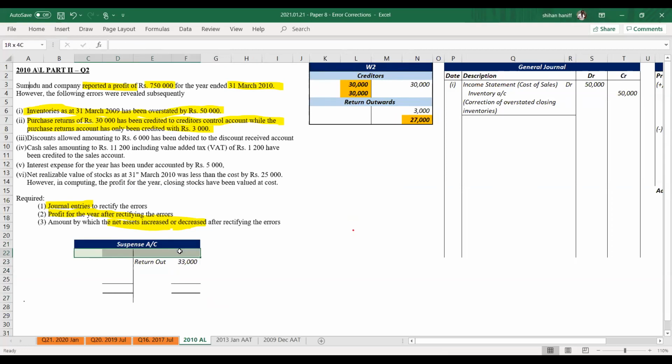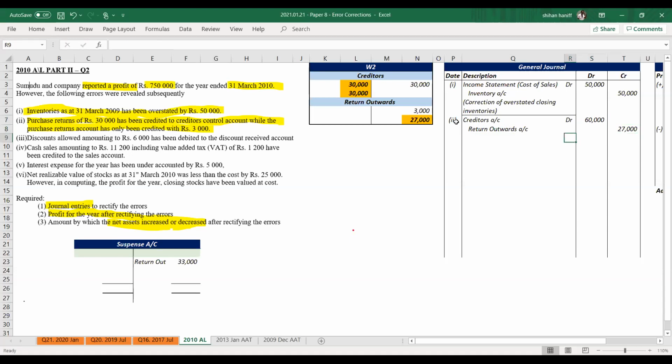Let's keep a space on the top of the suspense account, because the opening balance is not given, so we need to find out the opening balance. How is it 33,000? If you debit 60,000, now the creditors account is debited 60,000 and the return outwards account is credited 27,000.